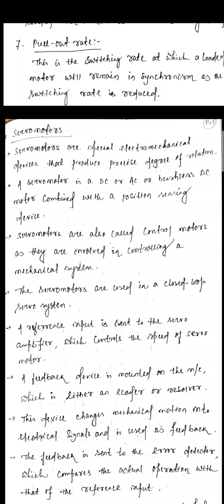The feedback is sent to the error detector which compares the actual operation with that of the reference input. If there is an error, that error is fed directly to the amplifier which will be used to make necessary corrections.